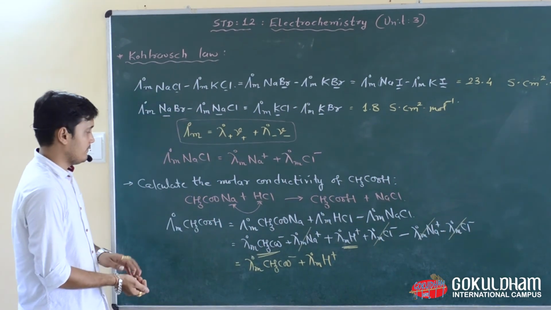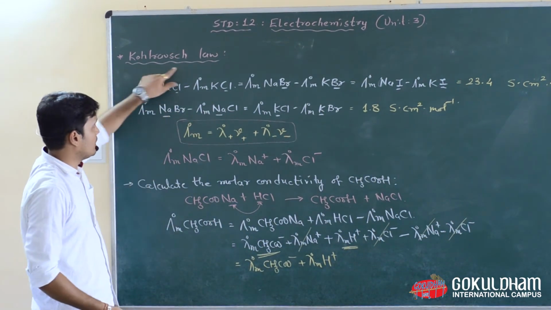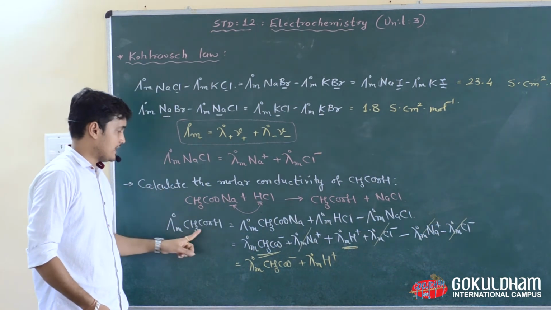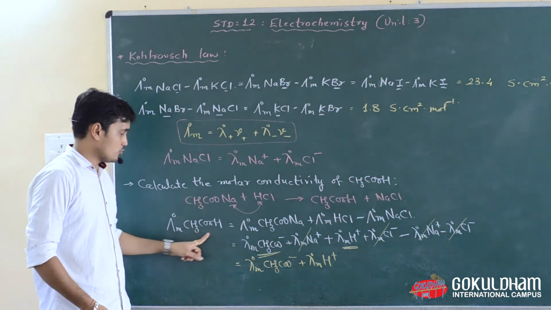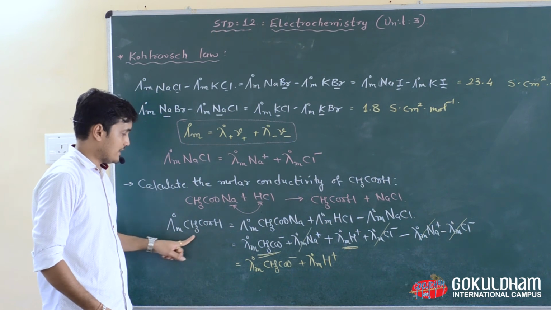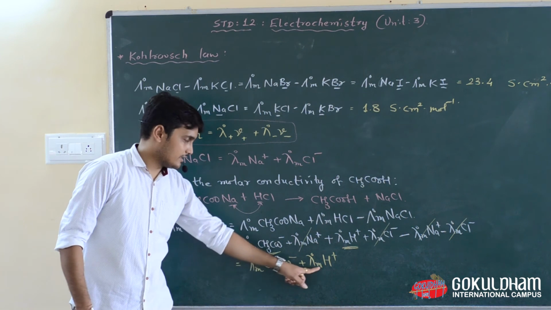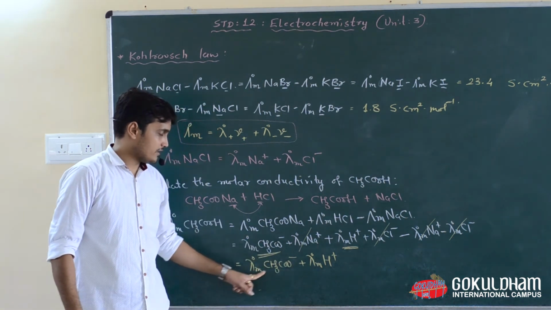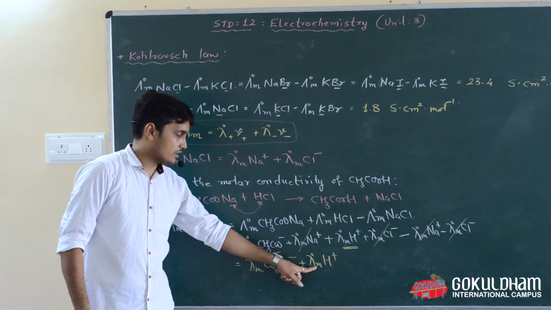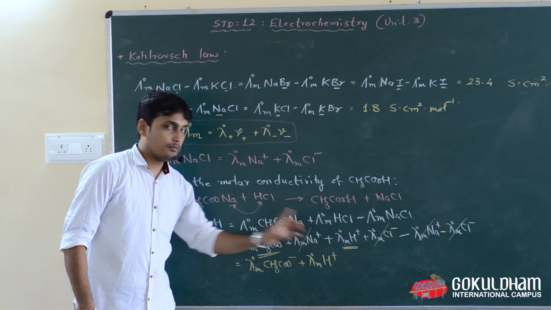So we can prove this Kohlrausch's law by this example of acetic acid. These are the two portions, CH3COO minus and the other portion is H plus. So we get the result over here: molar conductivity of acetate ion plus molar conductivity of H plus.